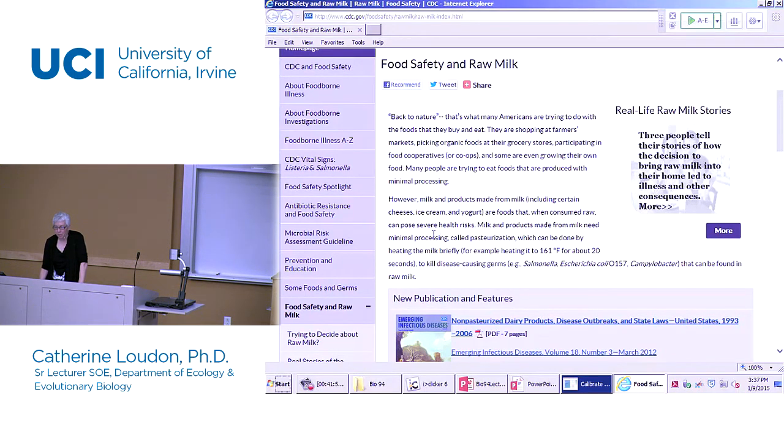Milk products need minimal processing called pasteurization, which can be done by heating the milk briefly. Those of you who may not know the details might be astonished to see that it actually can be done in a few seconds. For example, heating to 161 degrees Fahrenheit for about 20 seconds. So interestingly, it's actually different from sterilization. Milk is not sterile, it's not sterilized, it's just treated briefly with enough heat to kill the usual disease-causing germs.